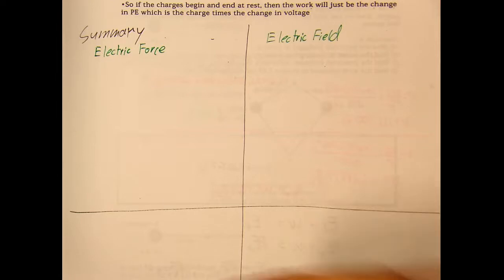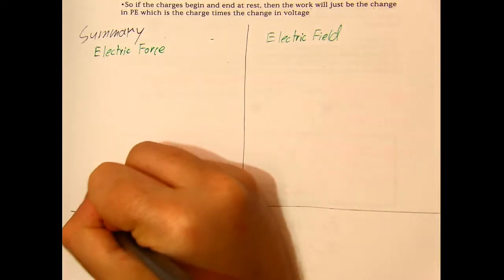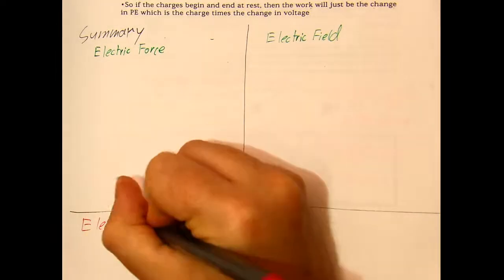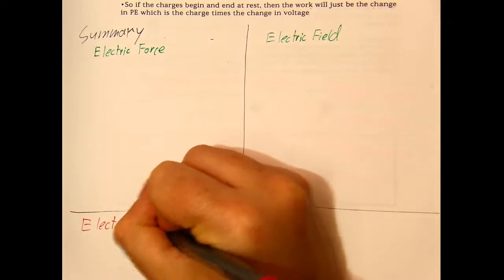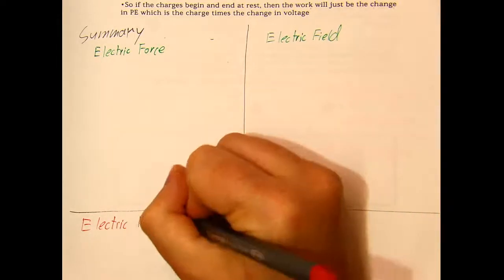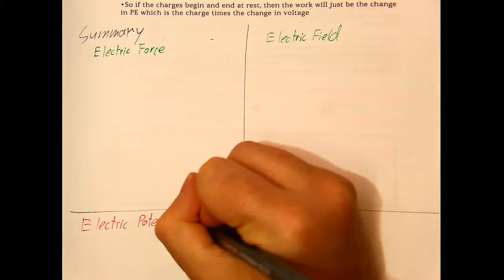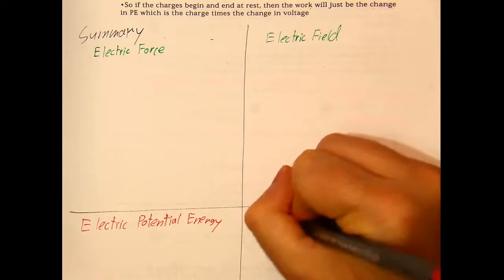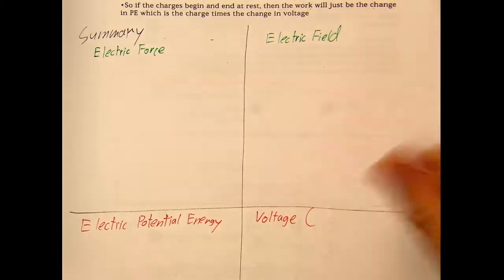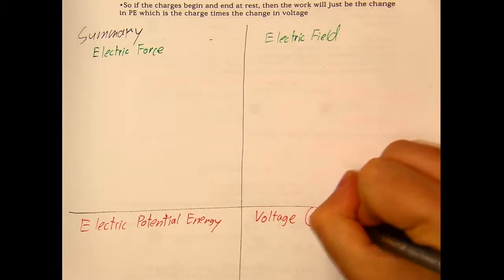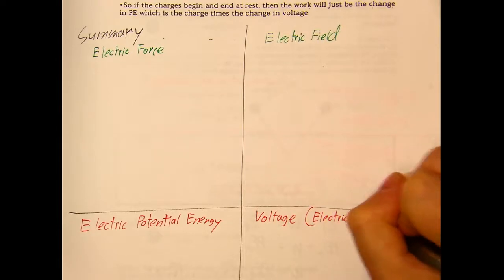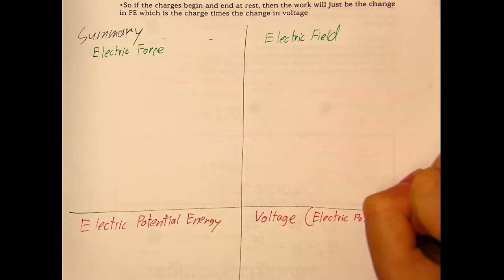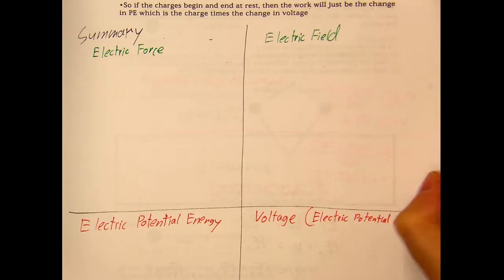And then down here, we're going to have electric potential energy. And voltage, also called electric potential. Sometimes just called potential, as if it weren't confusing enough already.